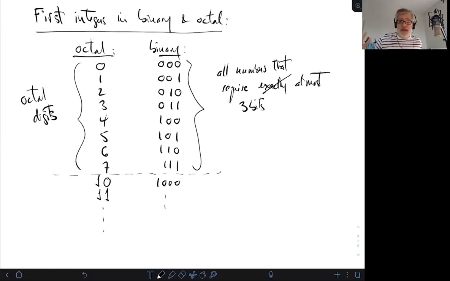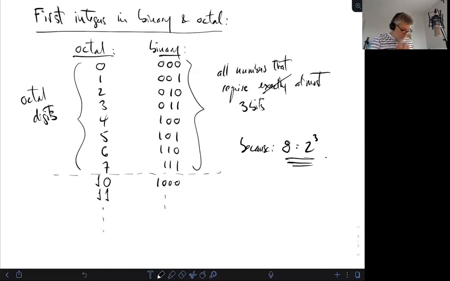Why is that? Well, 8 is exactly 2 power 3, right? And so that means, if you look at just this table, that if you're looking at a single octal digit, it corresponds to exactly 3 bits, okay?